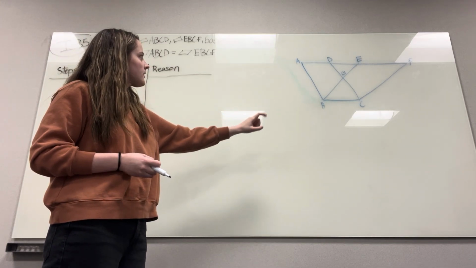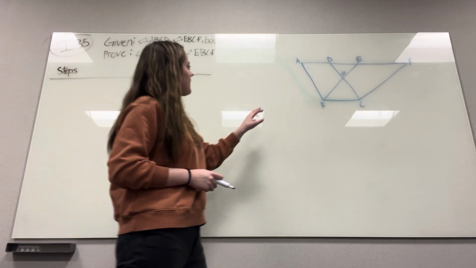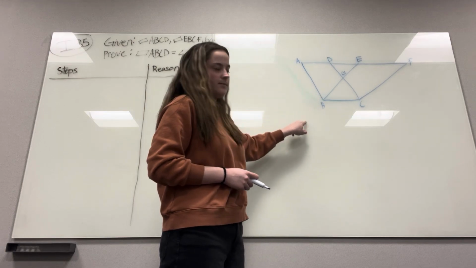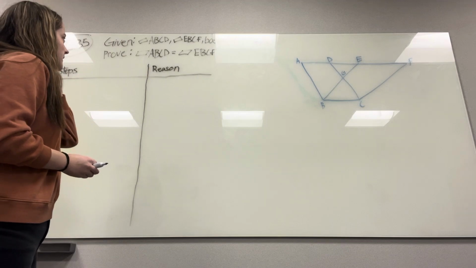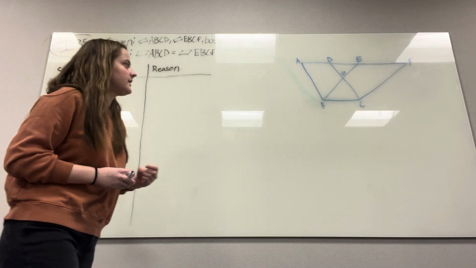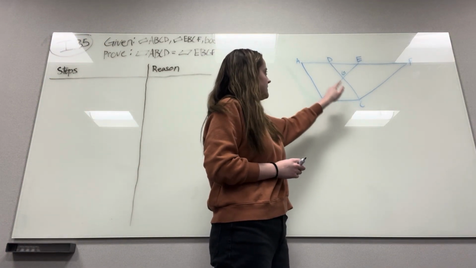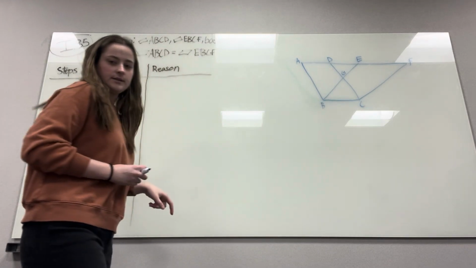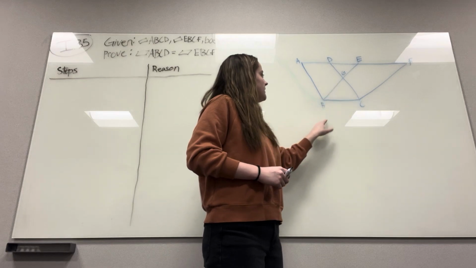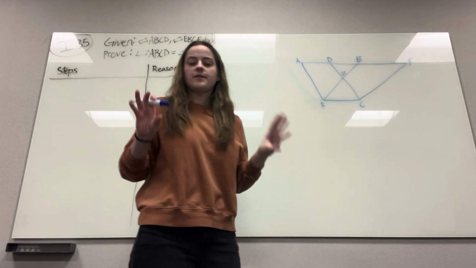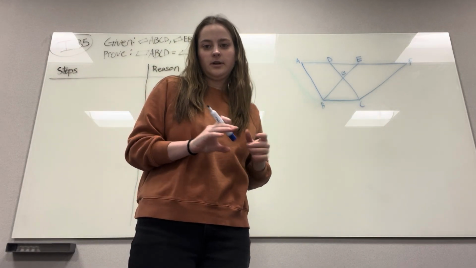We can see that at the bottom. And we know that AF and BC are parallel. And basically, we are trying to prove that ABCD and EBCF are equal to each other. So we're trying to prove that those two parallelograms are equal to one another.